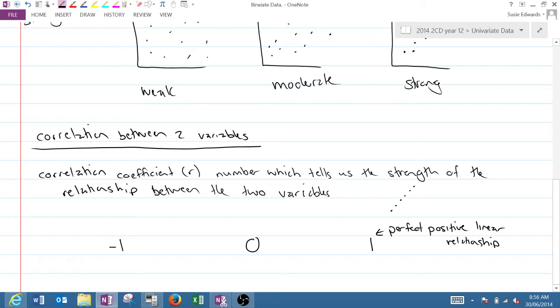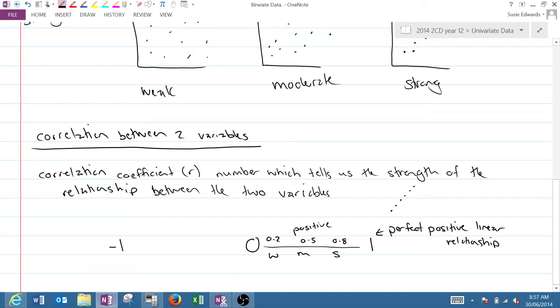As you move into these decimals, these are all positive, and it goes from weak to moderate to strong to perfect. So 0.2, for example, would be a weak positive relationship, 0.5 moderate, 0.8 strong, and a 1 is perfect.